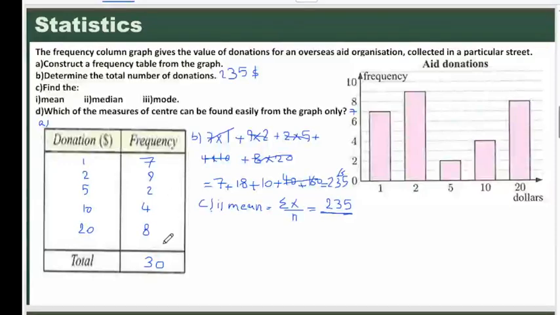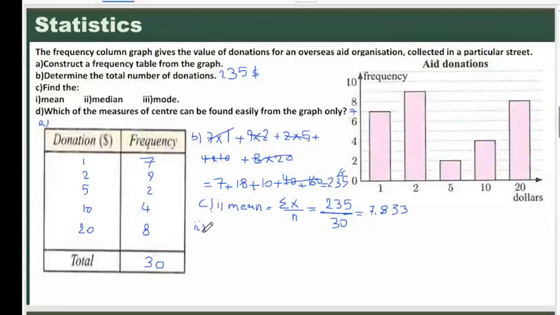How many people? 30 people. So my mean would be here, mean would be 7.83 and 3. Okay, it's my mean.